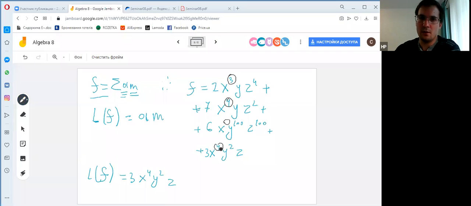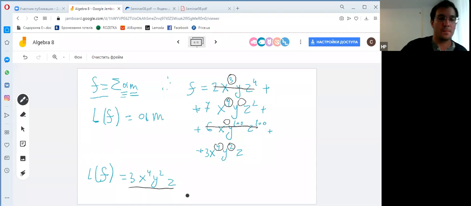So 4 is bigger than 3 and 1, so these two are not correct. These two powers are equal, and then we consider the power of y. Here is 1 and here is 2. 2 is bigger, so this is the leading term.